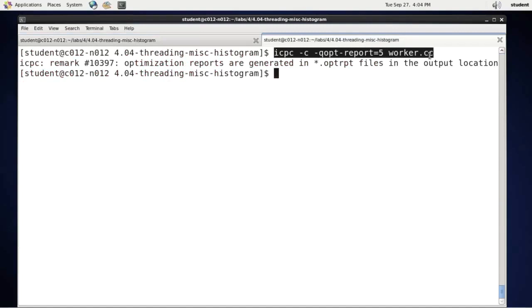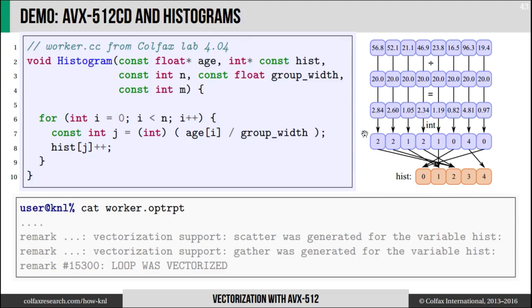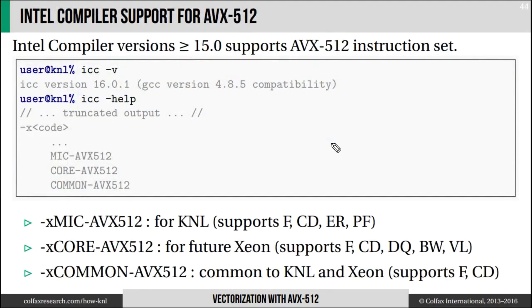We compile the code in such a way that the compiler will produce a conservative executable. In fact, we can change this, and we can request that the compiler makes an executable tuned for second generation Xeon Phi. Starting from compiler version 15, you can do that, and all you have to do is specify -xmic-avx512.